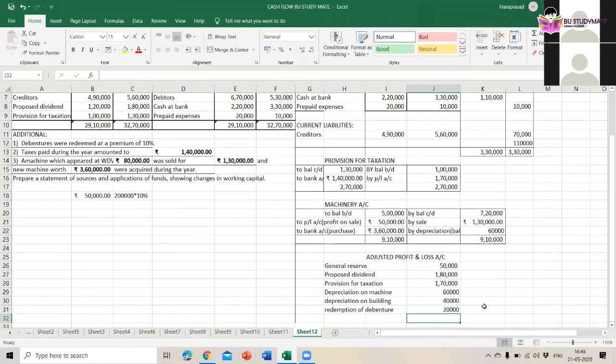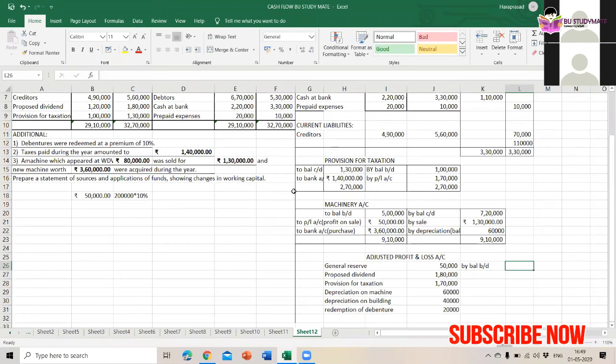Then all the non-cash and non-operating items are over. Now here on the right hand side, we'll write down by balance brought down. First, we need to write down the balance brought down. How much is that? In the profit and loss account, it has given 1 lakh rupees.